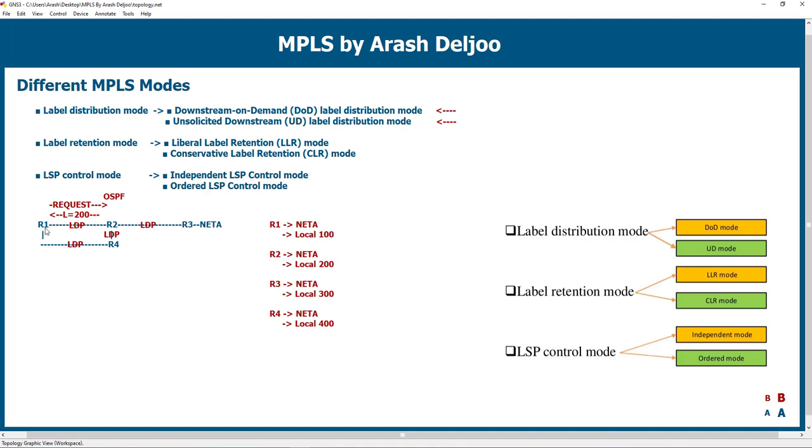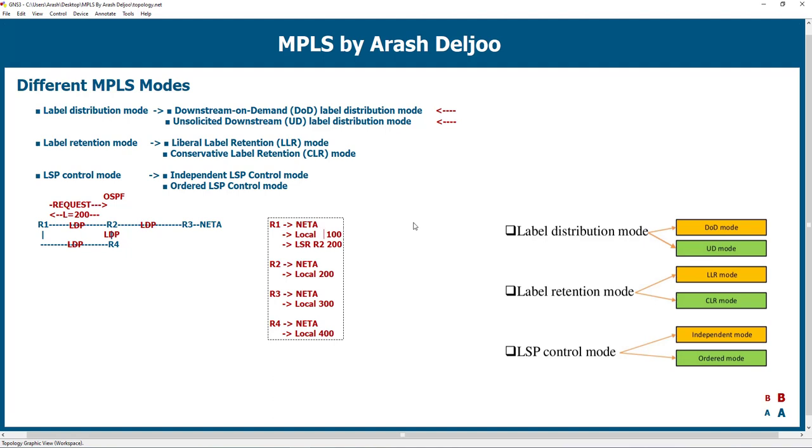Because of that, in this model of label distribution mode, in R1 we have only one label for net A from remote routers. For example, in R1 we have only one label, the label received from R2, which is 200. The first method is Downstream On Demand, and this means that we should request from downstream routers, and after our demand they send us a label.